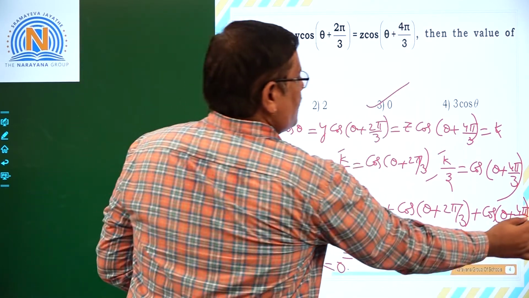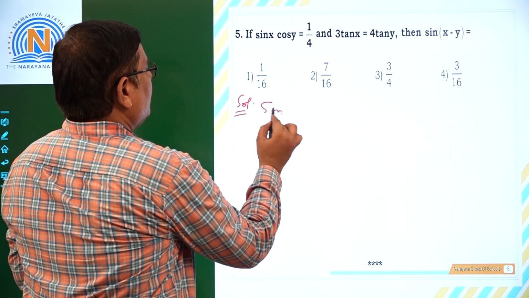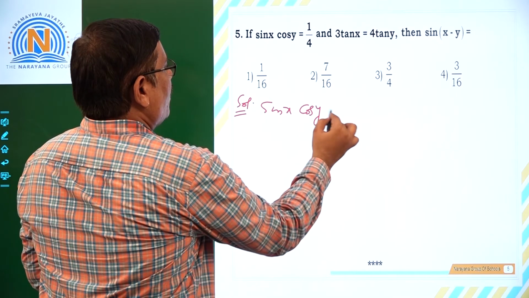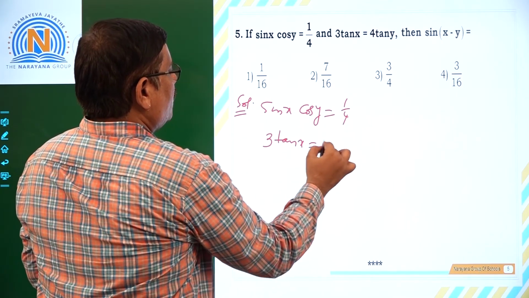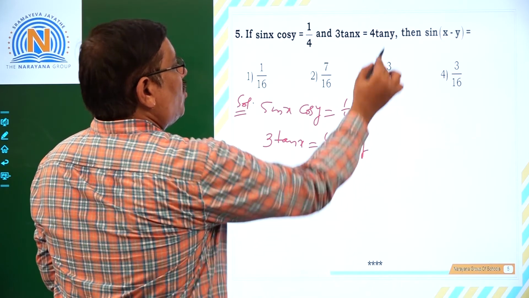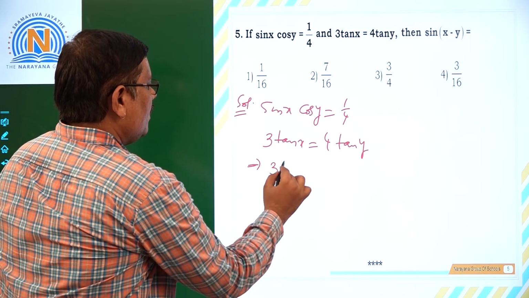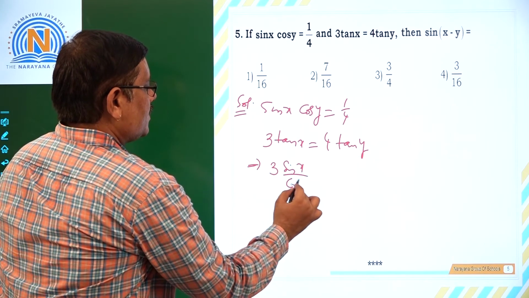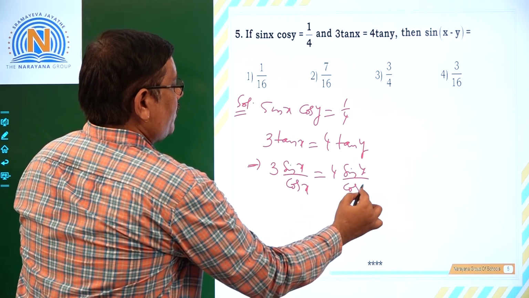Okay? Let us see the last question. If sin x cos y is equal to 1 by 4, and 3 tan x is equal to 4 tan y, then what is sin(x - y)? Let us do this. 3 into sin x by cos x is equal to 4 into sin y by cos y.